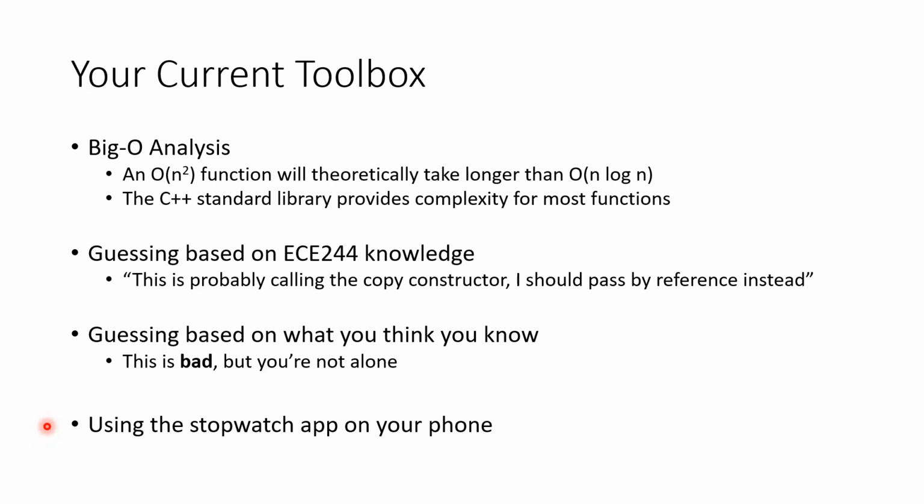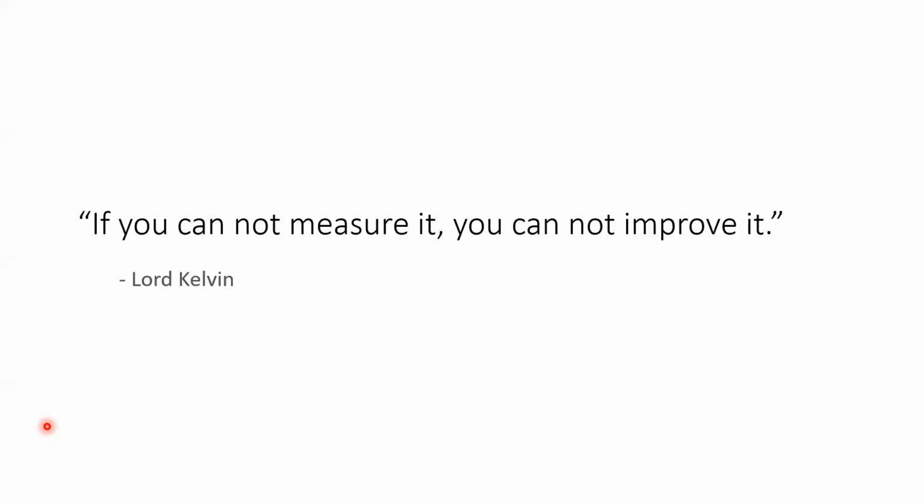These are your current toolbox that we expect you to know, and now I will introduce other methods of measuring time. Because if you cannot measure it, you cannot improve it. And by improve, we mean you want to improve the portion of your program that takes the longest time.